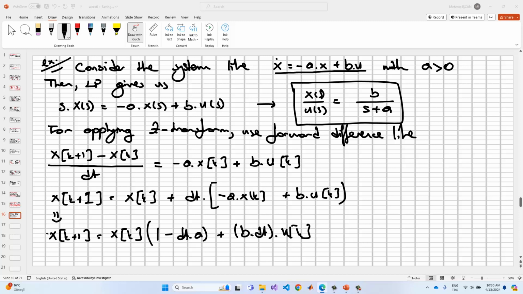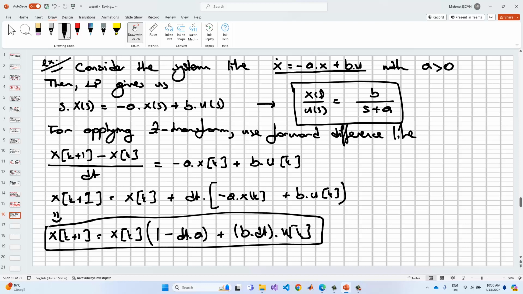This is our last equation for the implementation of the z transform. We can apply this equation to the z transform, not this one. Okay, just remember that this is important.